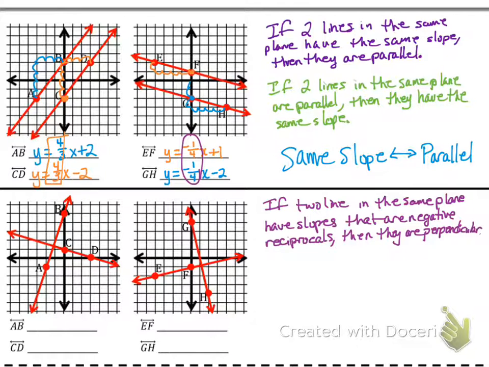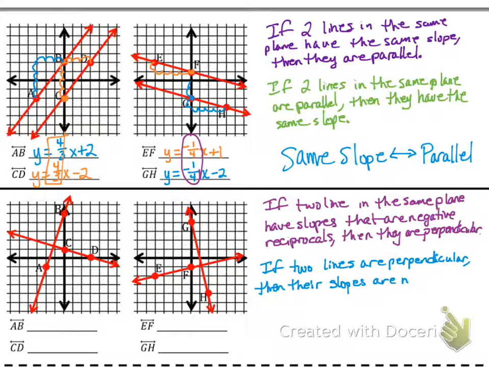Okay? And the converse of that is also true, that if two lines are perpendicular, then their slopes are negative reciprocals.